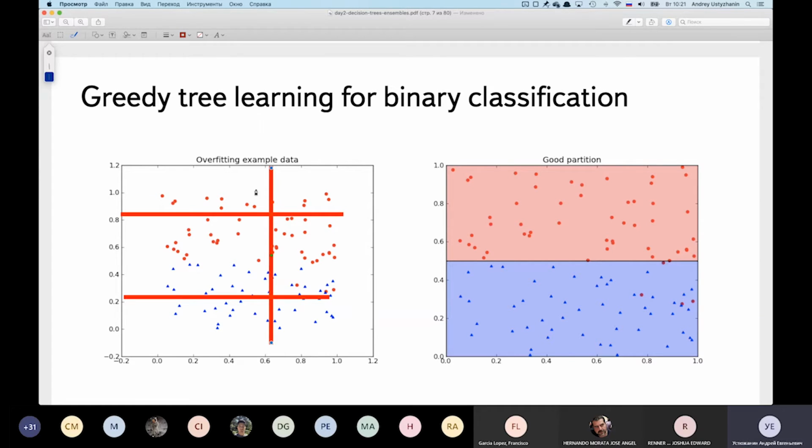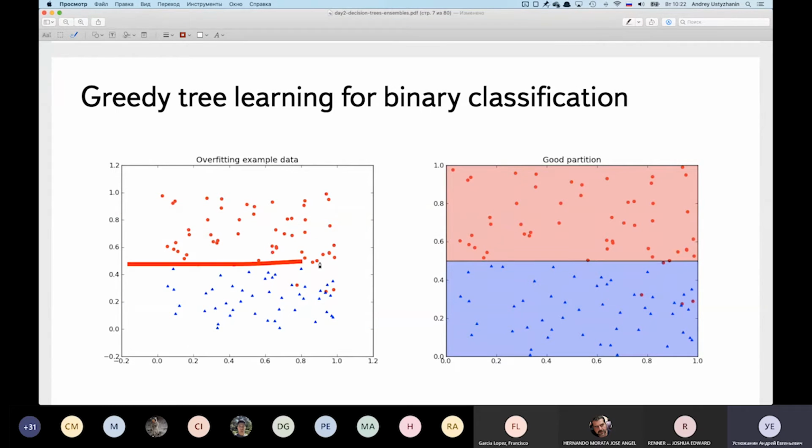If we split vertically, it doesn't make much sense because the fraction of blue and red on the left and the right would be the same, no matter what split we choose. But if we choose a horizontal split like this, it would be almost ideal. So the quality metric of the tree built along this line would be ideal.